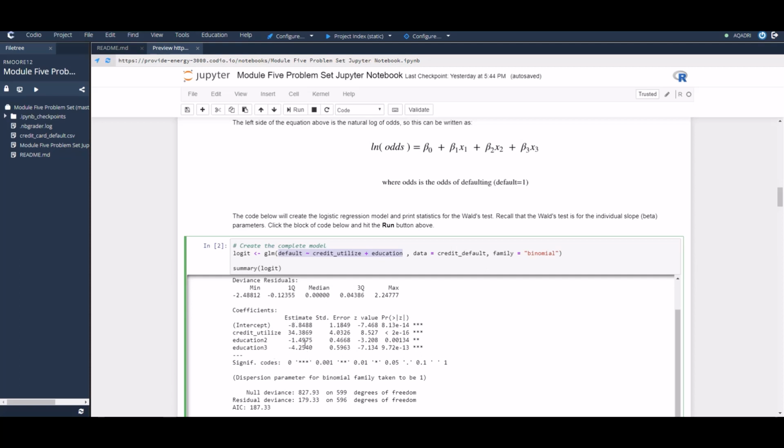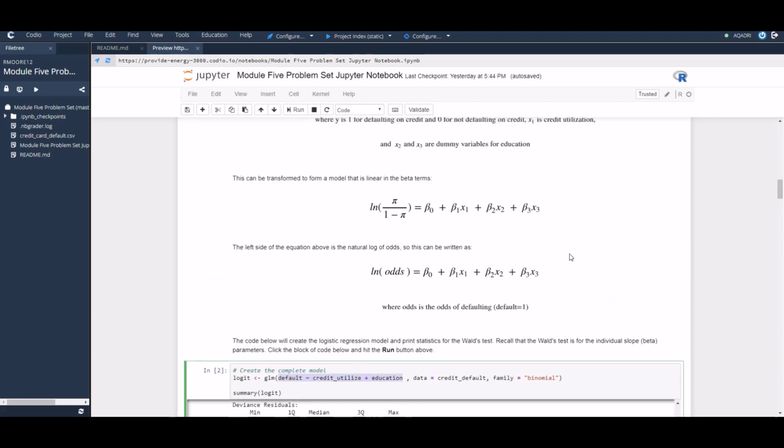So it has those estimates. Here is the credit utilization variable, the quantitative variable, and then these two are the dummies for education. The estimates are given here, and then instead of the t-test, we have the z-test now. So this is the z value and the p value, which would be similarly interpreted. Using this, we would get our estimates.